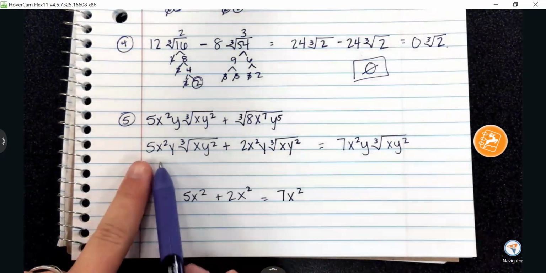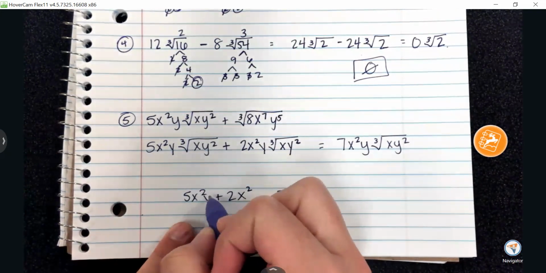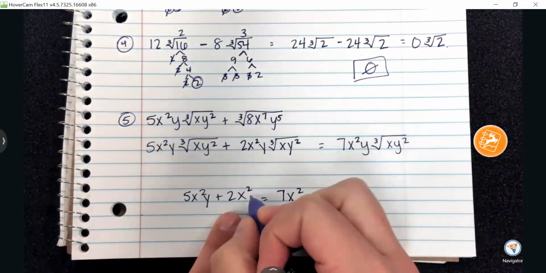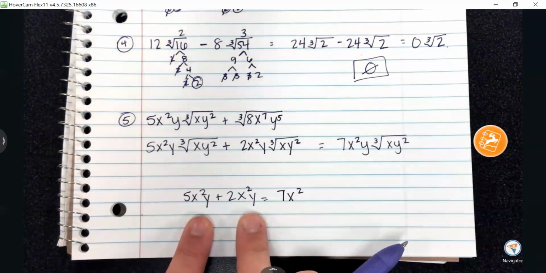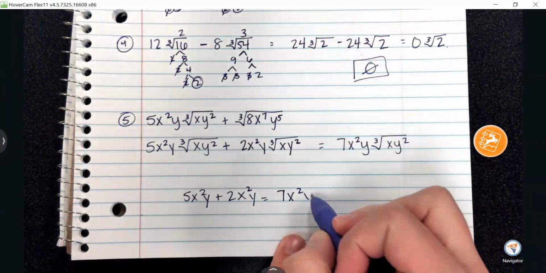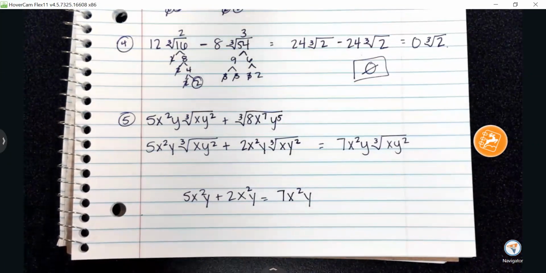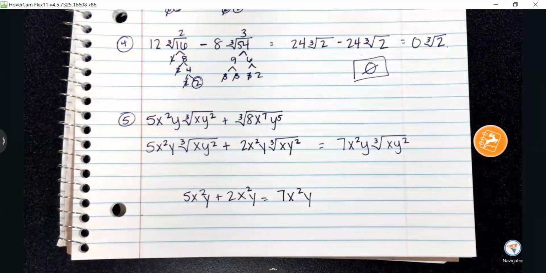Okay. So what I have is a 5x squared y plus a 2x squared y. Are they exactly the same? Those are exactly the same. So that is what I am adding. Okay. Questions? Your practice is in Delta Math, and if I were you, I'd make sure it all gets done.